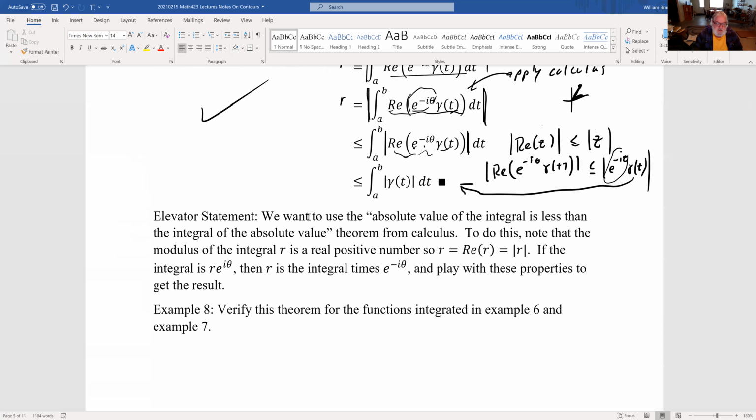So we want to use a theorem from calculus, right? The absolute value of the integral is less than or equal to the integral of the absolute value. And then we notice the modulus of the integral is a real number, so we have these properties of real numbers. And so if the integral is r e to the i theta, then r is the integral times e to the minus i theta, and you just grind through these properties to get the result.